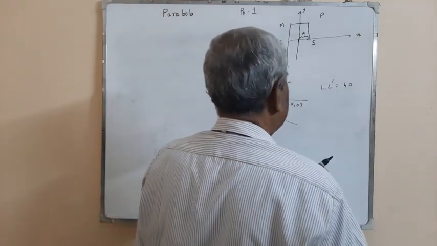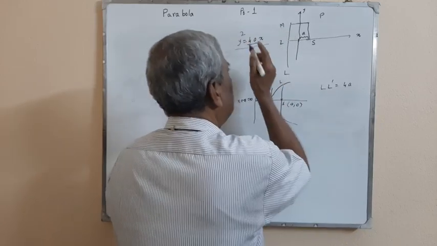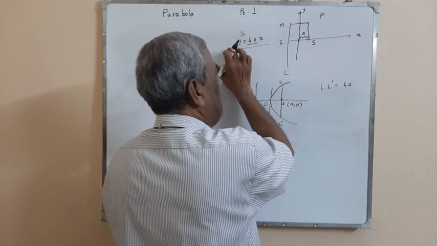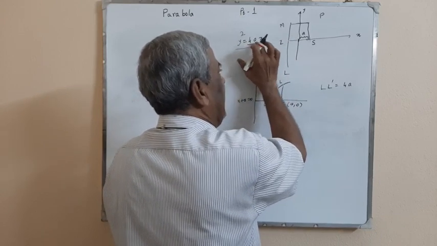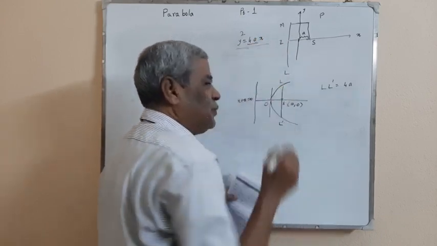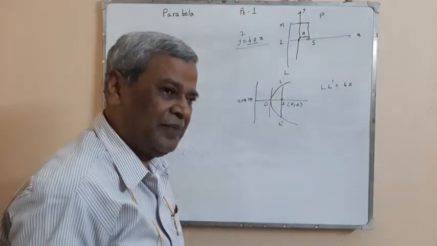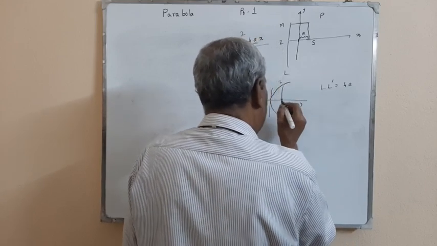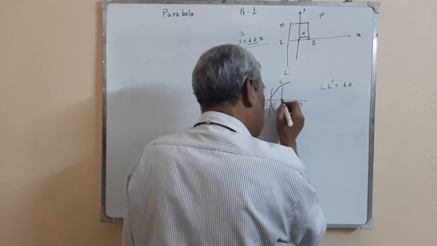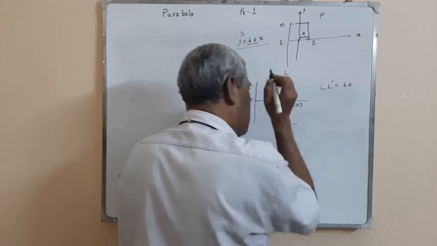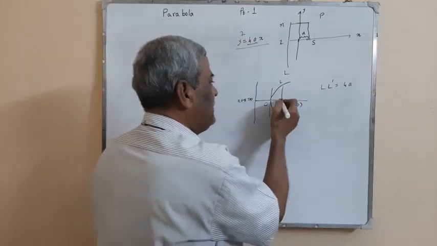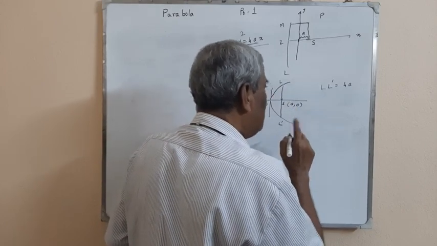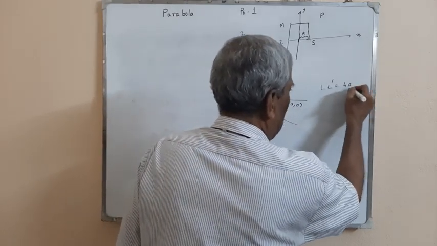For that purpose, if the equation can be put in that form, y square on the left side and 4ax, the coefficient of x, 4a, is the length of latus rectum. Or if you can somehow find the distance between S and O, the vertex, if this distance is a, multiply it by 4, that will give you the length of latus rectum.